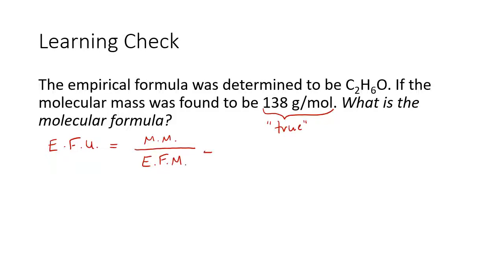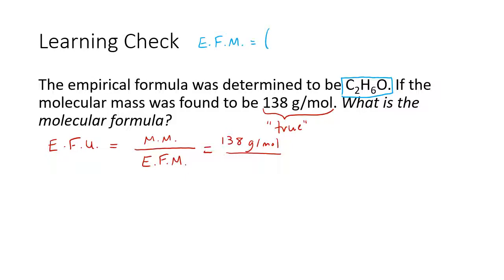So first we've got to take our true molecular mass and divide by our empirical formula mass. We know our true molecular mass. We were given that in the problem, 138 grams per mole. But what about our empirical formula mass? We were told, or we could calculate by any of the methods we learned previously, that the empirical formula is C2H6O. So we have to calculate that empirical formula mass.